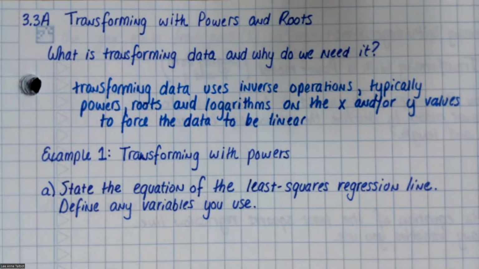Transforming data uses inverse operations, typically powers, roots, and logarithms on the x and or y values to force the data to be linear so that they can run the linear regression software without having the form be curved.